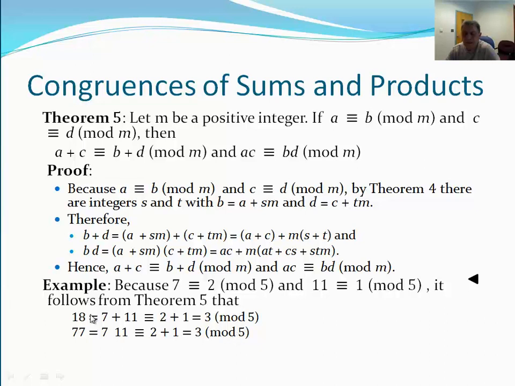And the same way here, 18 and 3. 18 divided by 5, what is the remainder? It's 3, because we just calculated that one. And for 77 divided by 5, because 2 times 1 is 2, it's not 3, all right? 77 divided by 5, the remainder is 2.